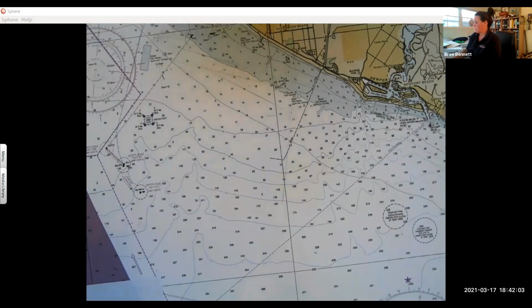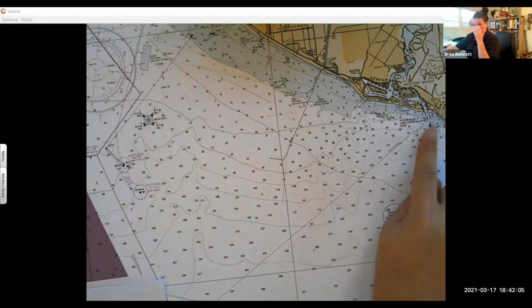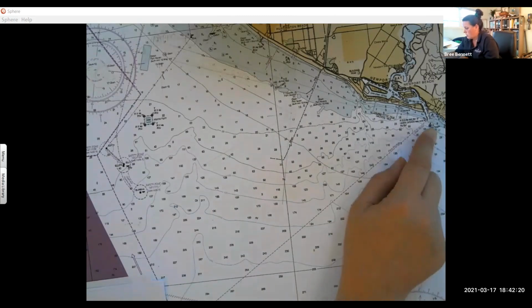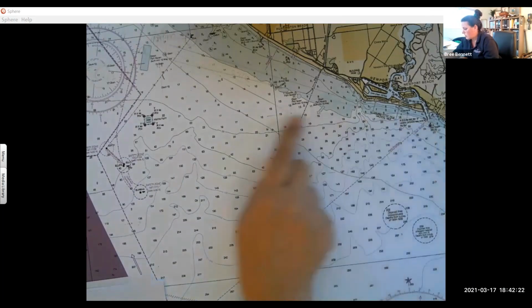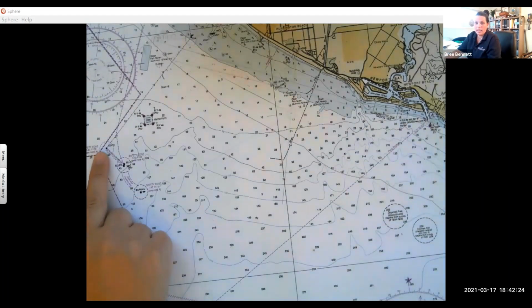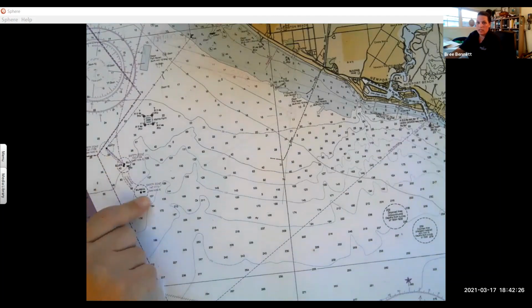We are planning to depart Newport, so we use that safe water mark, that NWP buoy, at 6:12, and we are en route to Edith Oil Island. So Edith Oil Island is going to be right here, kind of where all these little oil rigs are.